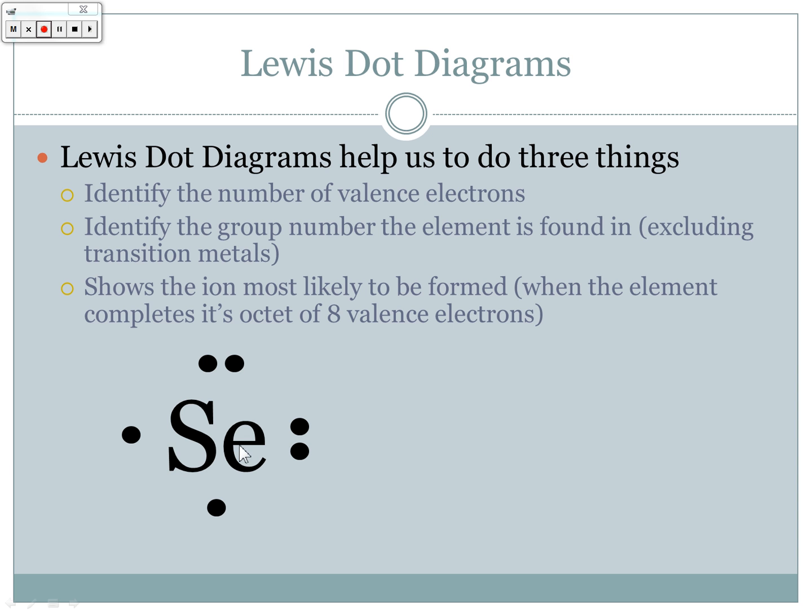It would be a lot easier to gain 2 electrons to get to 8 than to lose 6 and drop down an energy level to get to that other 8. So selenium will gain 2 electrons to fill in right here. If selenium is gaining electrons, it becomes negatively charged, so it becomes selenium 2 minus.